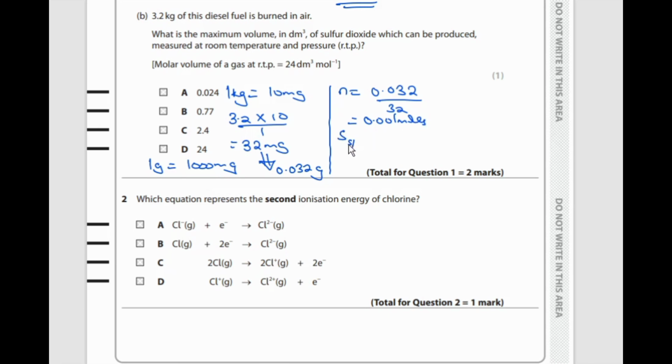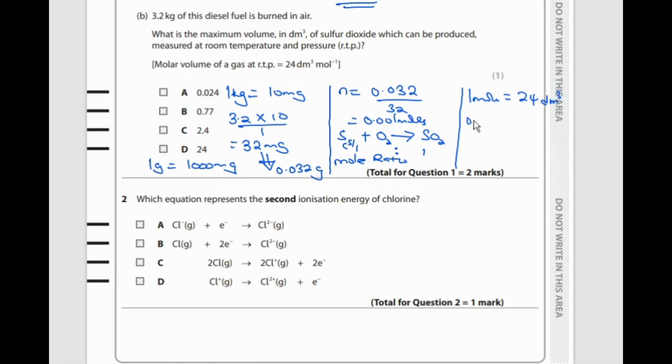We write the equation of reaction between oxygen and sulfur to give us sulfur dioxide. Look at the mole ratio, and you realize that the mole ratio is 1:1. Therefore, the number of moles of sulfur dioxide will be 0.001 moles. We know that 1 mole of a gas can occupy 24 dm cubed.